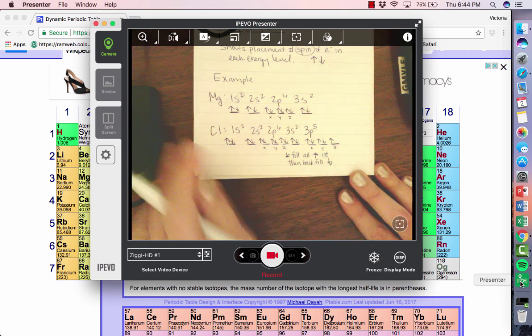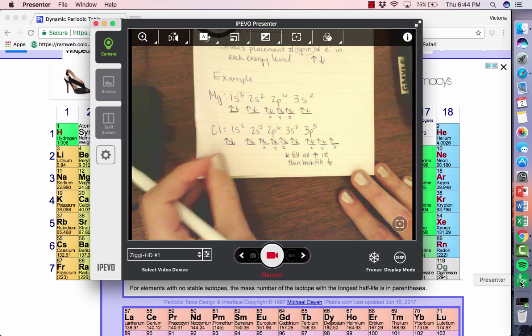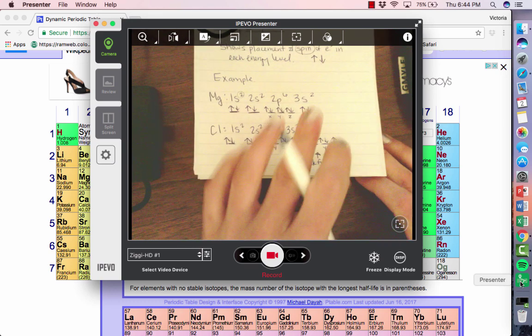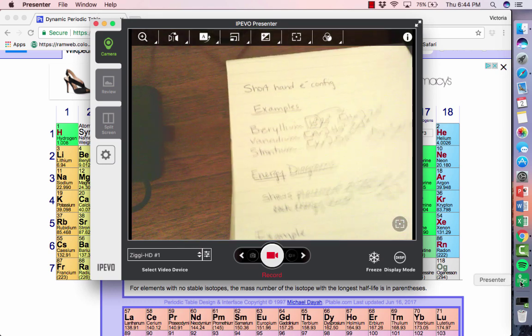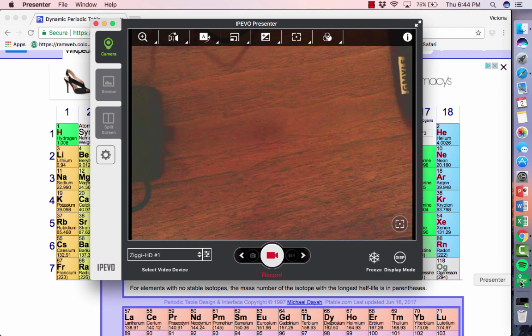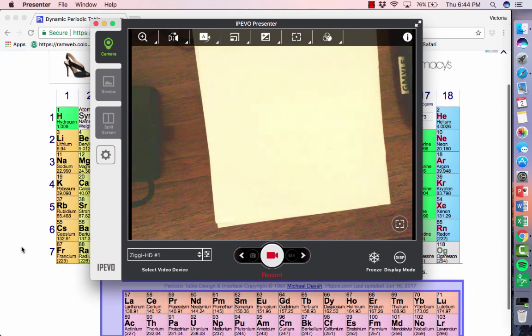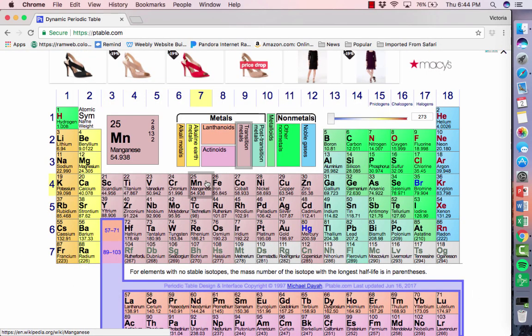So I'm going to show you one more example of a D block energy diagram. Okay, so let's pick cobalt.